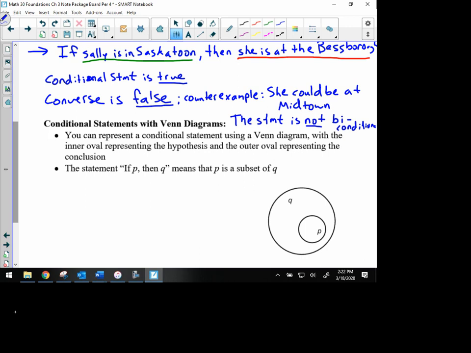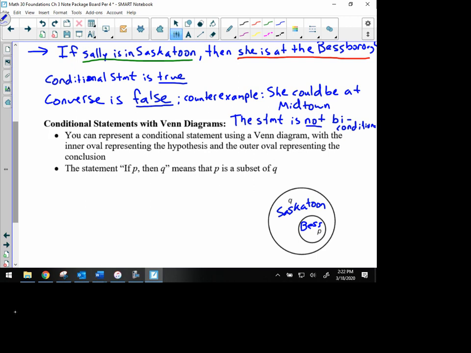If Sally is at the Bez, then she is in Saskatoon, right? That makes sense. Whereas if we flip that around and had the conclusion as a subset of the hypothesis, in this case, it doesn't make sense. So there won't be a lot that we talk about with Venn diagrams here, but there is a little connection that can be made to that.